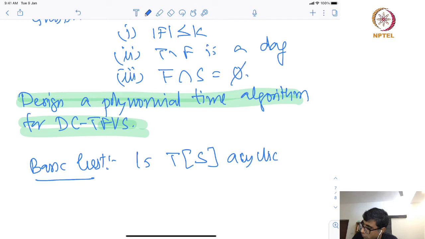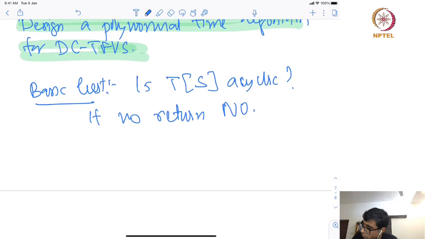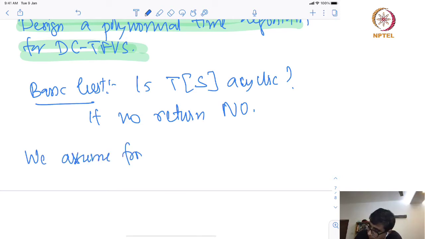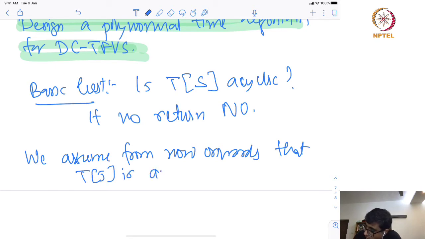Because if the tournament induced on S itself is not acyclic, it means there is a directed triangle or directed cycle contained inside it, where all the vertices are forbidden to be part of F, so there is absolutely no hope to find a solution disjoint from S. So in the basic test, if no, return no. From now onwards we assume that T[S] is acyclic.